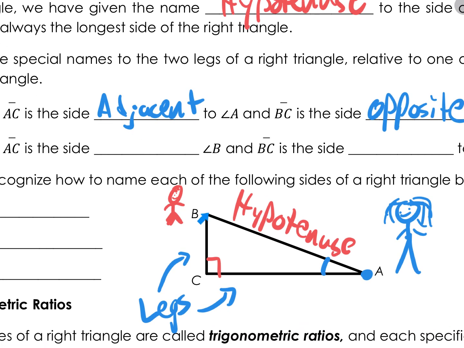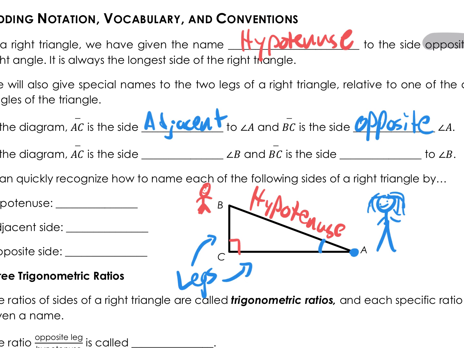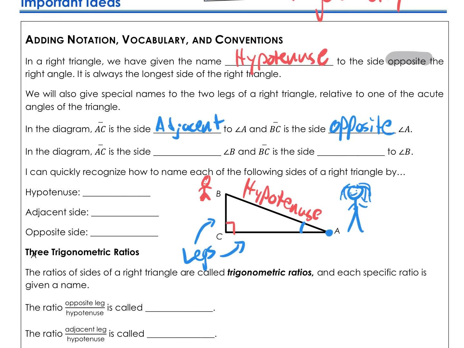So if you're standing at B, which one of these two legs is connected to Billy here? Well, BC is. Now BC is adjacent. Which leg is on the other side? Well, this AC is all the way on the other side of the triangle. So from angle B, this side AC is opposite. And this side BC is adjacent.